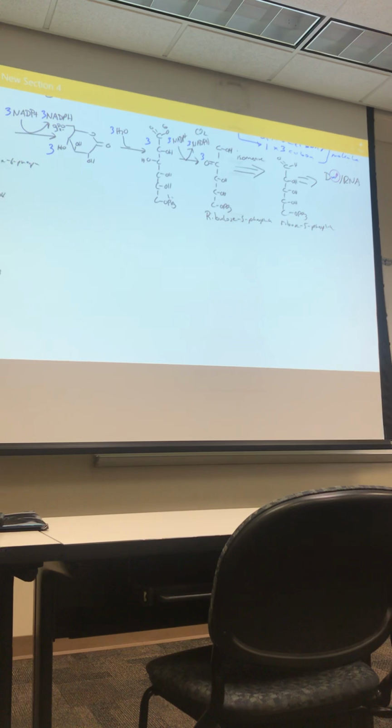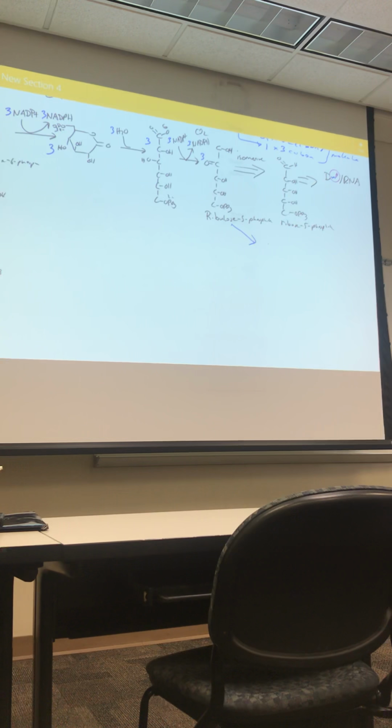So, in order to do the recycling process, I'll draw it over here to show this process. Okay, we're going to make ribulose. We're going to have to make it into 2 different things. One of them is ribose. So ribose, which we have up there.